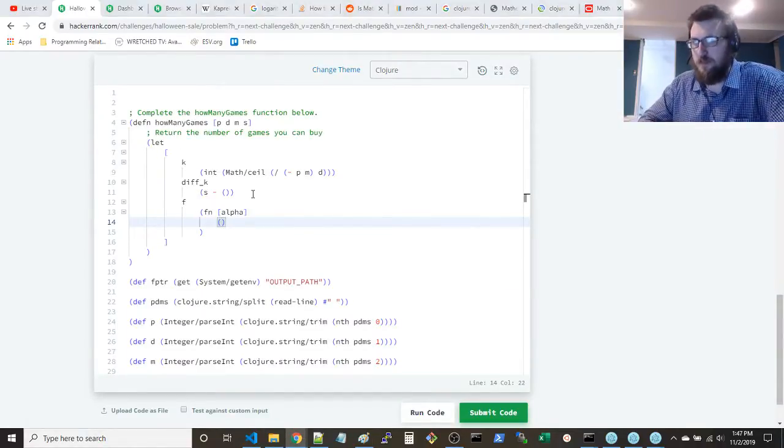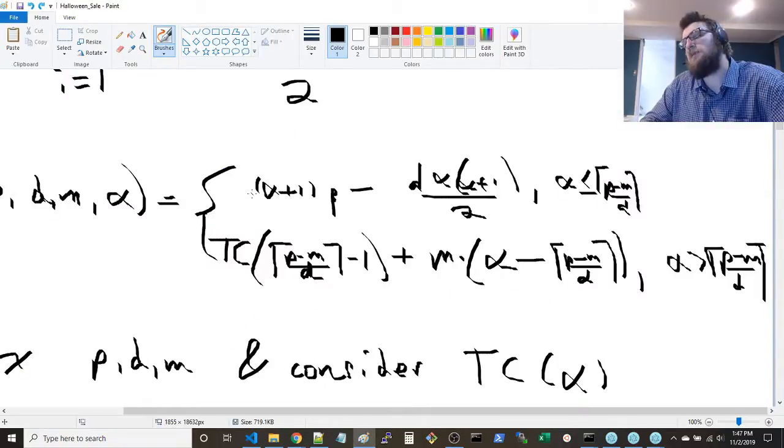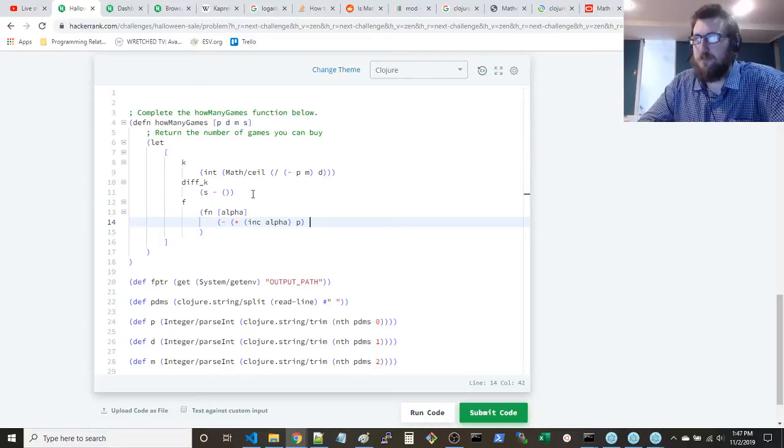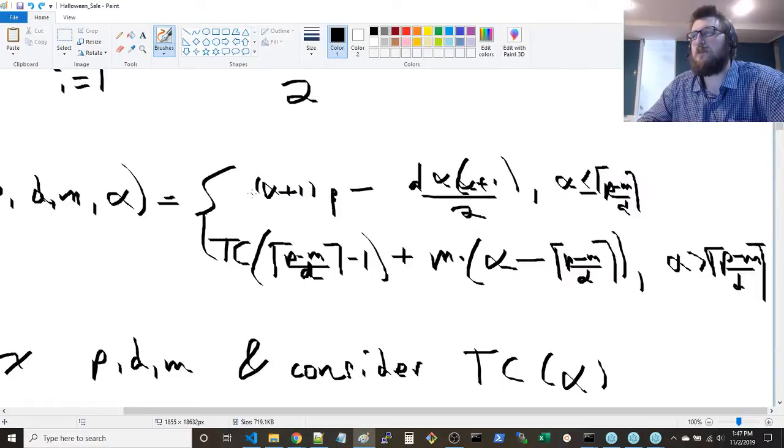So this is going to be alpha, increment alpha, multiplied by P, subtract D times alpha times increment alpha divided by 2. So D alpha increment alpha, divided by 2. And then subtract 1 from the other.